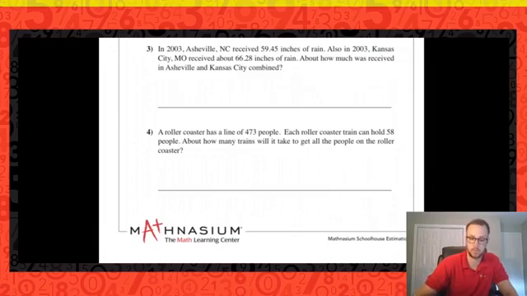What do we think? 59 and 45 hundredths is close to 60. And 66 and 28 hundredths is pretty close to 70. So if we round both of those numbers up, we wind up with, very good, 130 inches of rain.